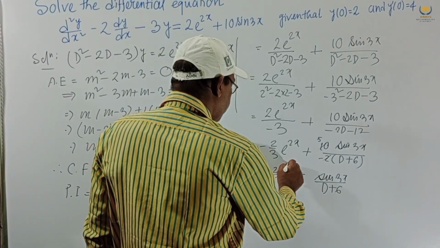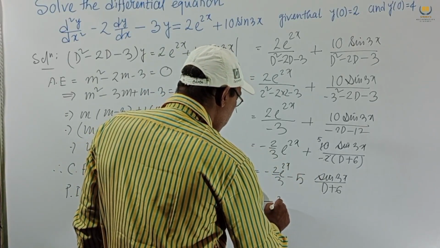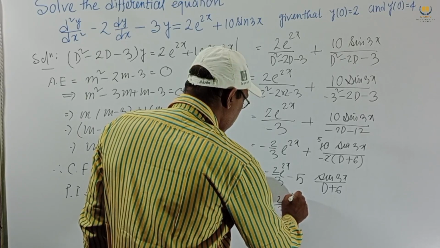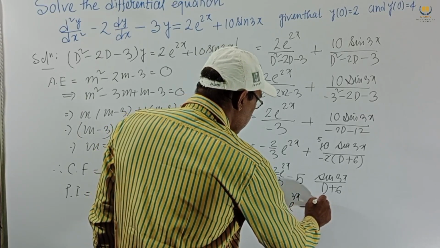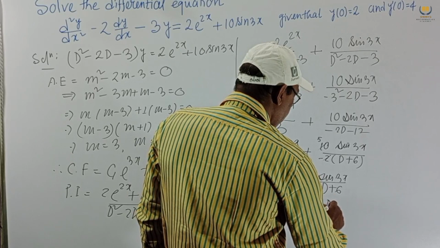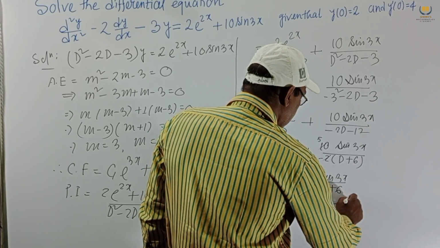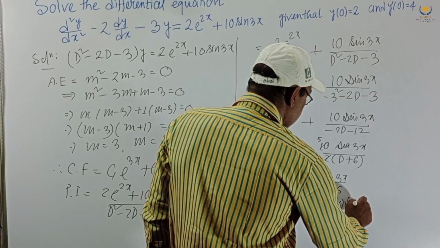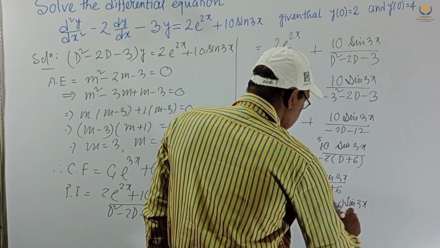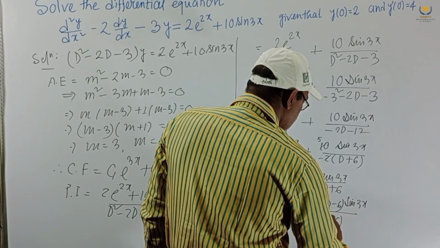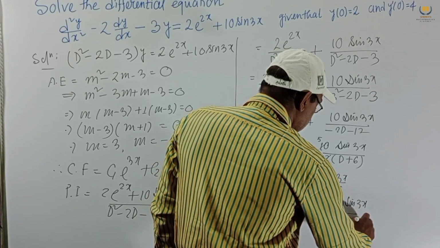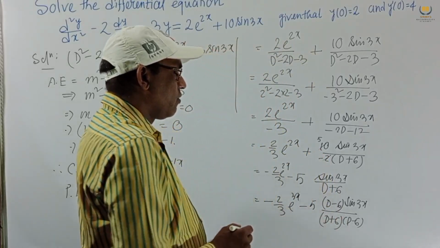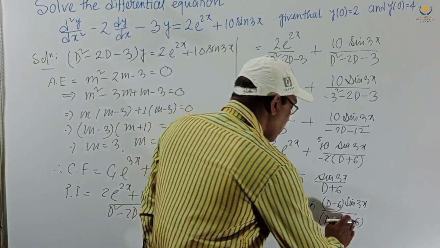This is minus 2 by 3 e to the power 2x minus 5, and we multiply numerator and denominator by D minus 6. This is (D plus 6)(D minus 6), multiplying numerator and denominator by D minus 6.